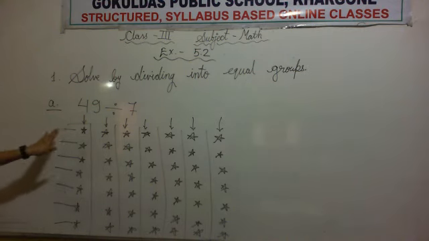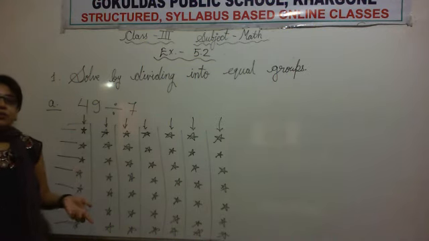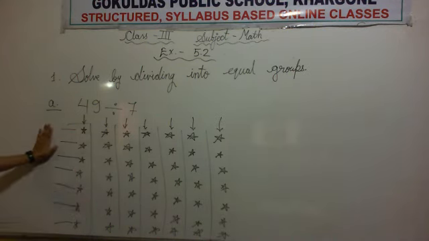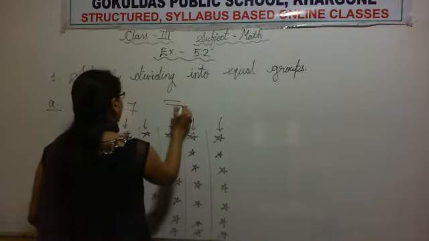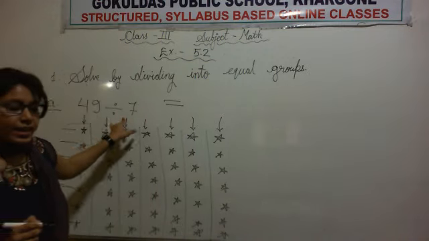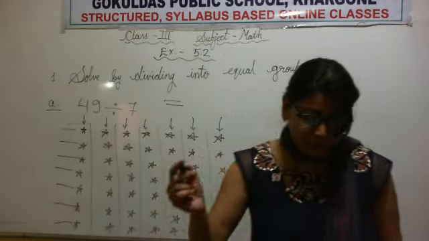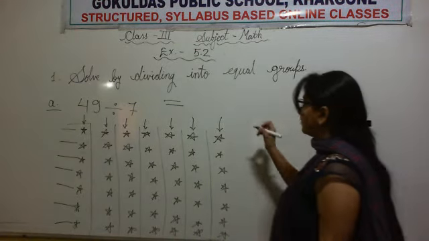It means if we distribute these 49 stars into 7 groups, each group will have 7 stars. So 49 divided by 7 is 7 groups with 7 in each group.